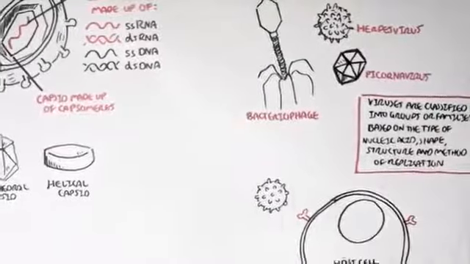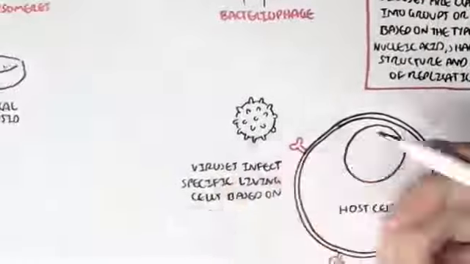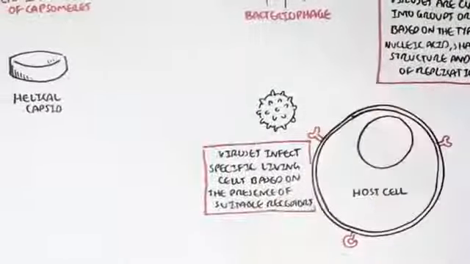Anyways, viruses also infect specific living cells based on the presence of suitable receptors. An example of this is HIV, which only infects the T helper cells, because the HIV virulence factors complement, basically, it can attach to the T helper cell's so-called CD4 receptor.